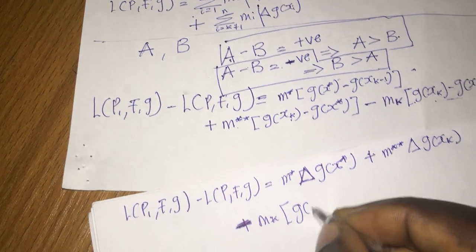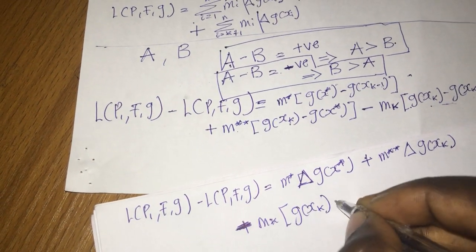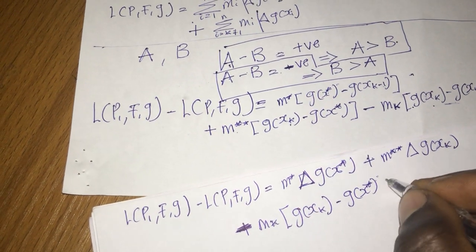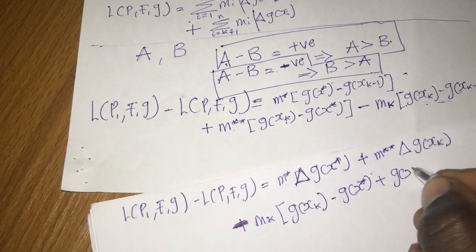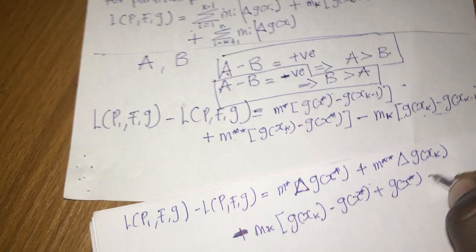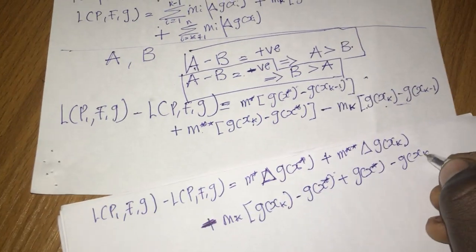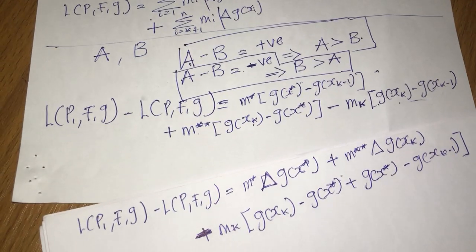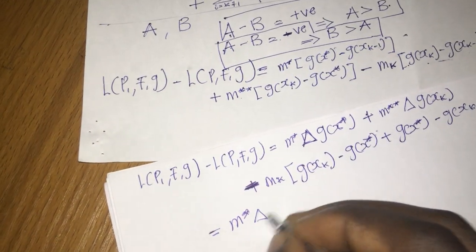equals to GXK. Now let's introduce 0 here, X star, Abi, plus GX star minus GXK minus 1. Abi, we have this. Now, let's break it down now.